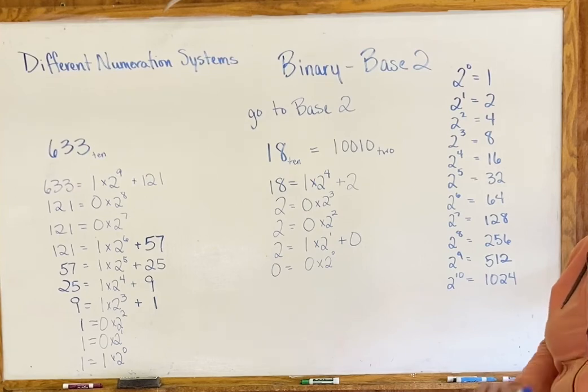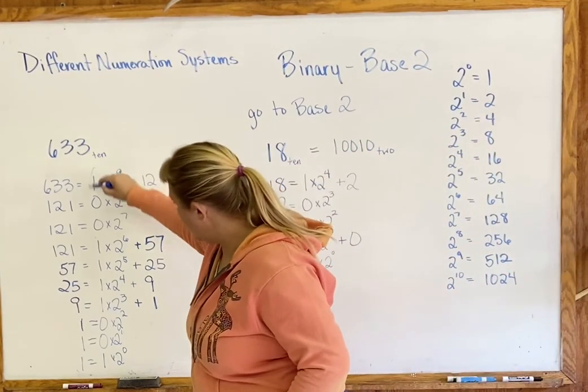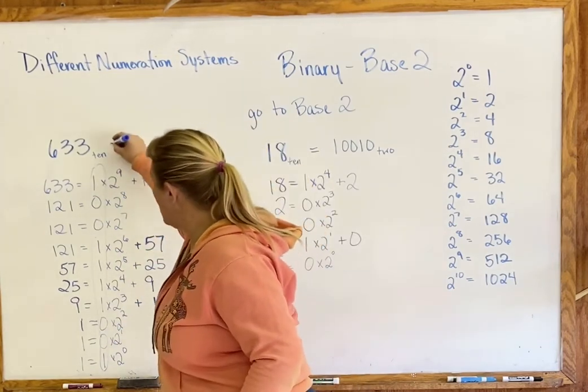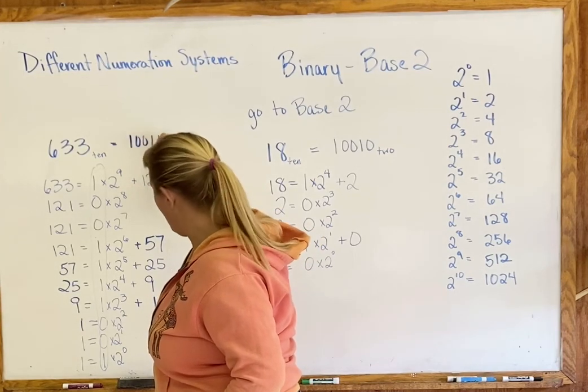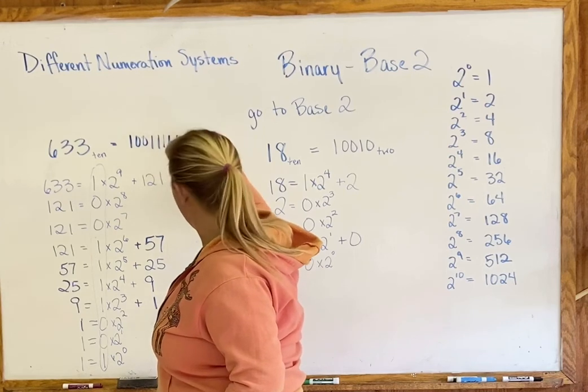Real pain in the butt, but a long process. Now remember that what we're looking for is these guys right here. That's the number. So even though it's vertical, we say 1 0 0 1 1 1 1 0 0 1.